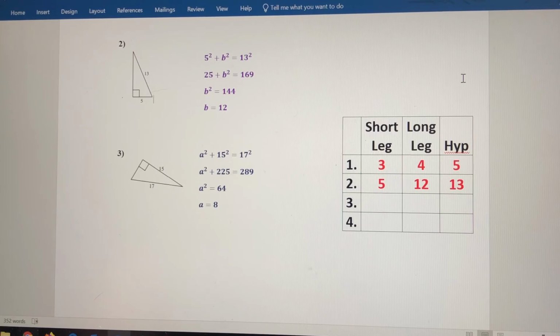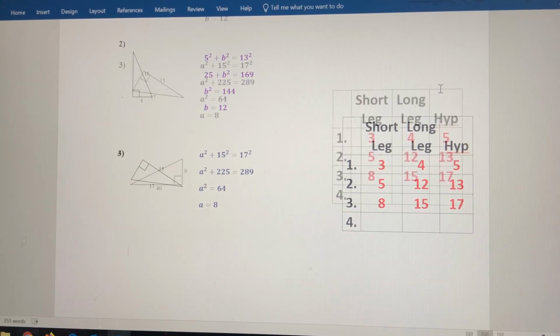Then I take the square root of both sides, and my shorter leg has a value of 8. So 8, 15, 17 is another fairly common, not as common as the 3, 4, 5 or the 5, 12, 13 really, in the problems you'll see moving forward. But still one you'll see fairly often. Again, same pattern works if you double, triple, multiply times 1,000, multiply times 24. As long as you do it to all three sides, that will continue to be a Pythagorean triple.